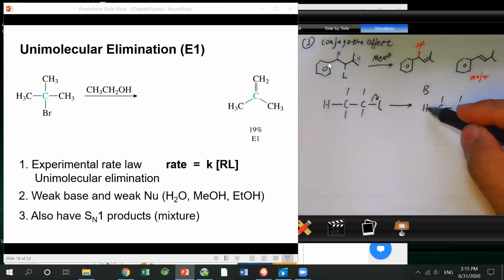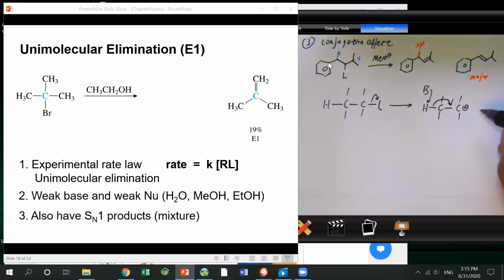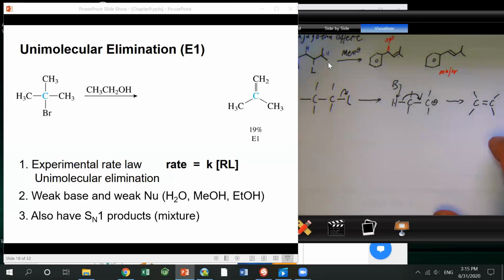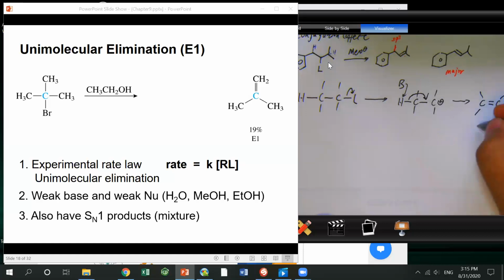The base picks up this hydrogen, the electrons shift to form the double bond between the alpha and beta carbons, and you get the final product. You also get HB with a positive charge, and the leaving group with a negative charge.